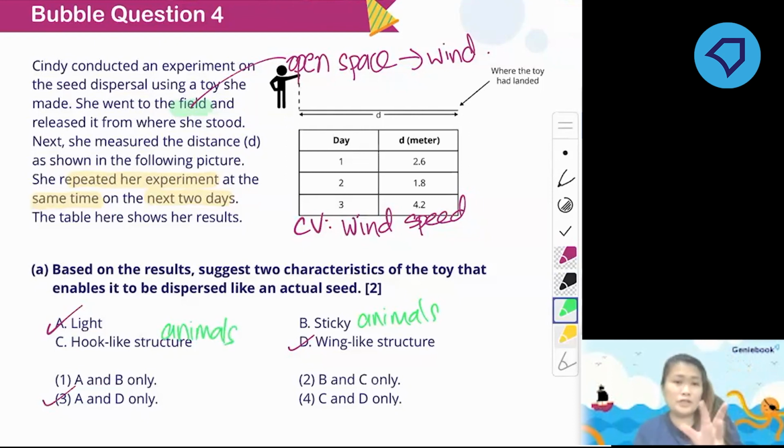But there's no indication of animals here. It's just conducted on the field. I hope I answered your question. Do y'all get this clear? Because these are the kinds of questions that usually come out in school exams, and you probably need to have some thinking about it.